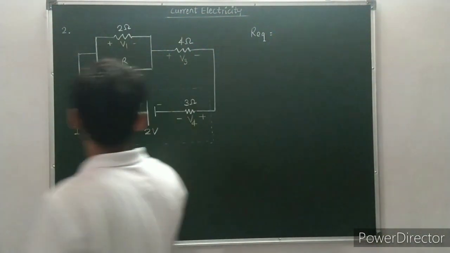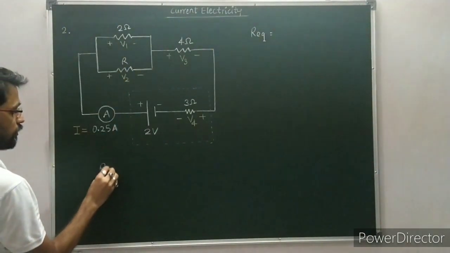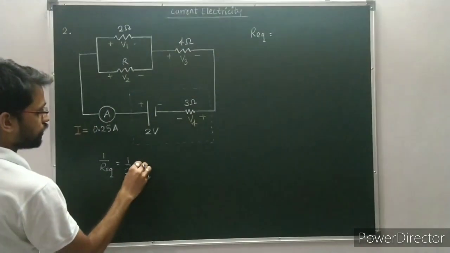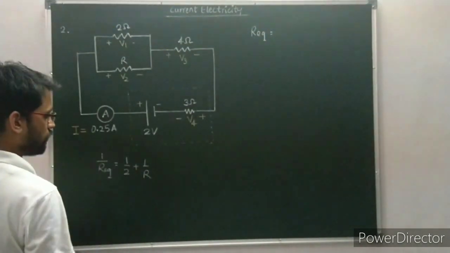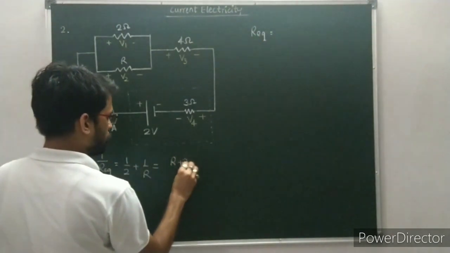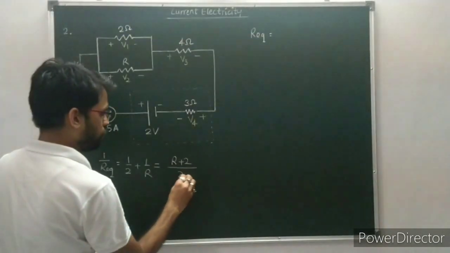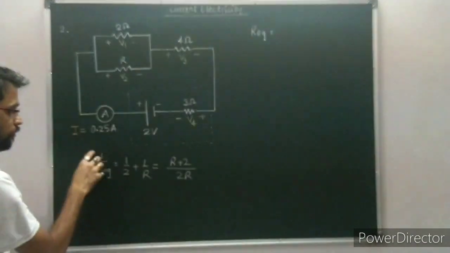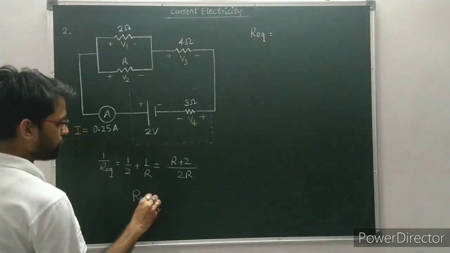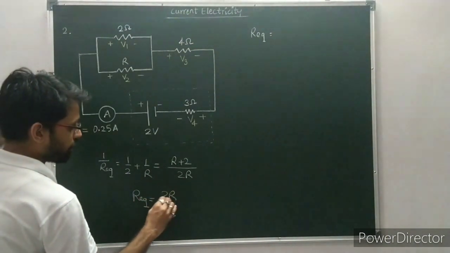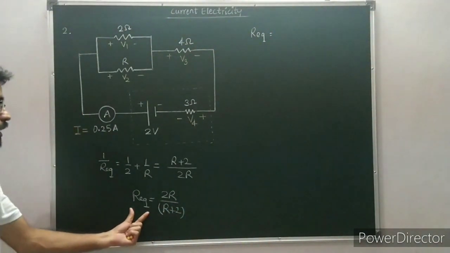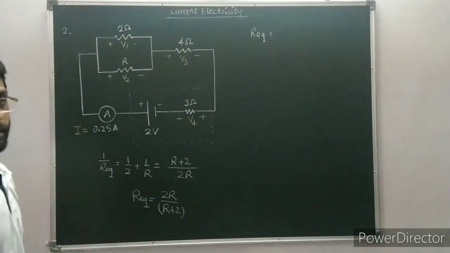So 1 upon Req is equals to 1 upon 2 plus 1 upon R, and this would be (R plus 2) upon 2R. When you take the reciprocal of the whole term, you get Req is equals to 2R upon (R plus 2). So this is the equivalent resistance of this parallel network.